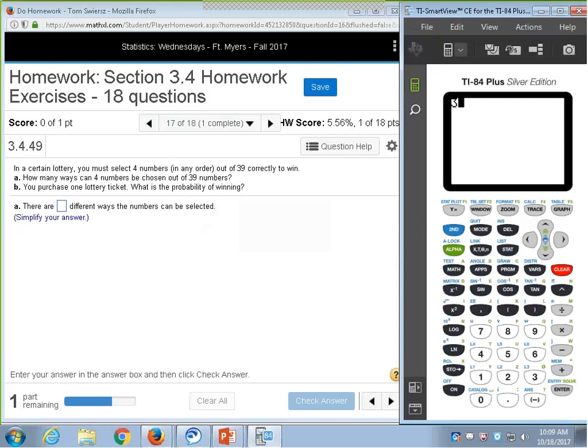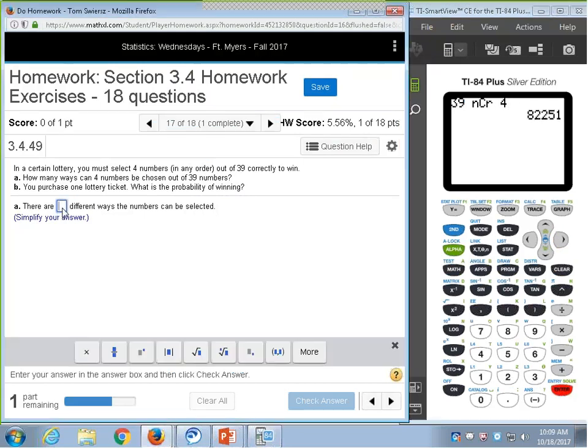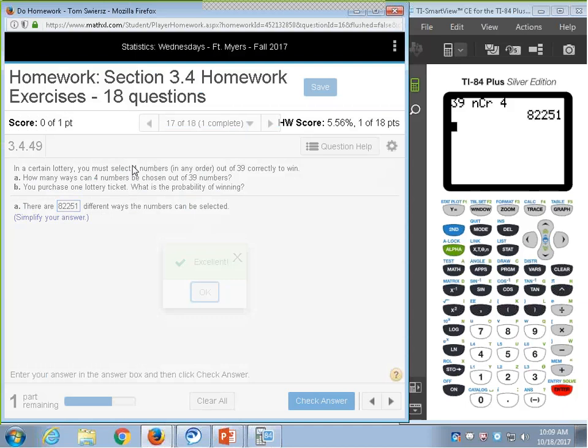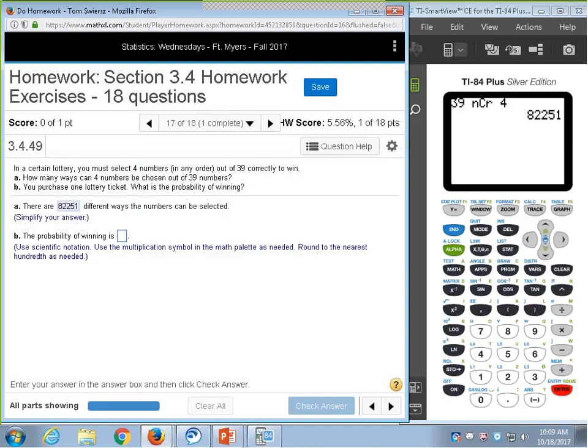So we'll do 39 math probability combination 4. So the total number is 82,251. What's the probability of winning if you purchase one lottery ticket?